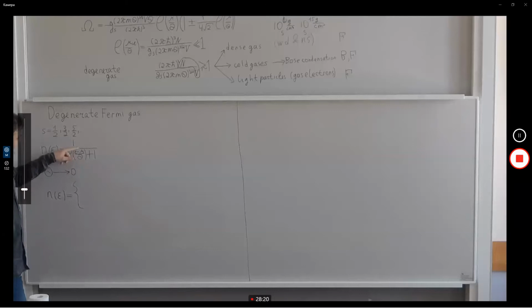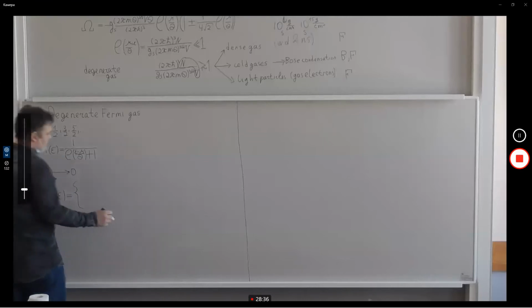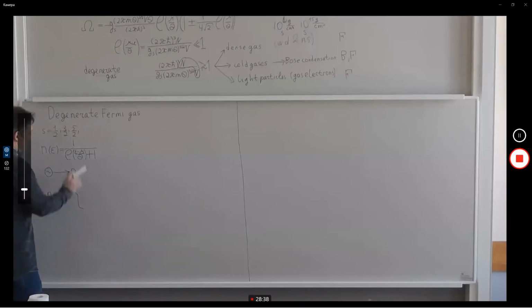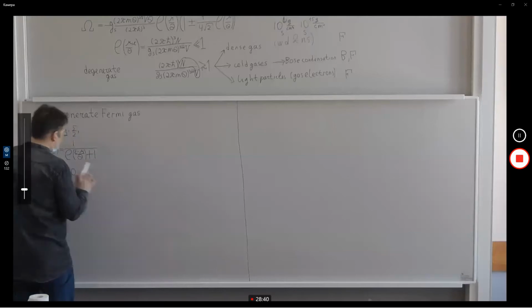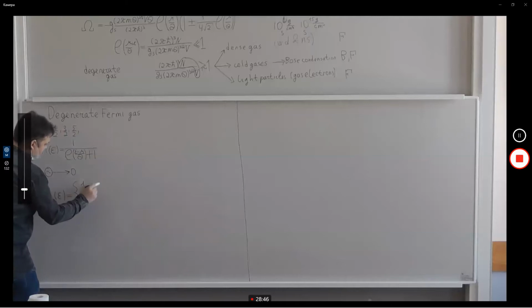In this case, I have a certain negative number divided by something very small. This exponent is a very small quantity, so I set it to 0, and then I have 1 divided by 1, it's 1.